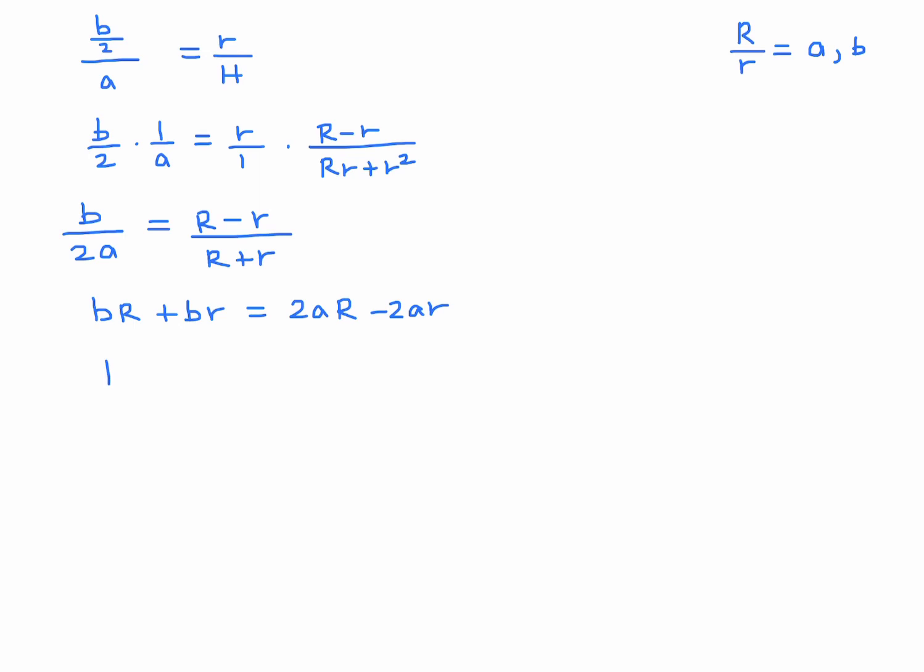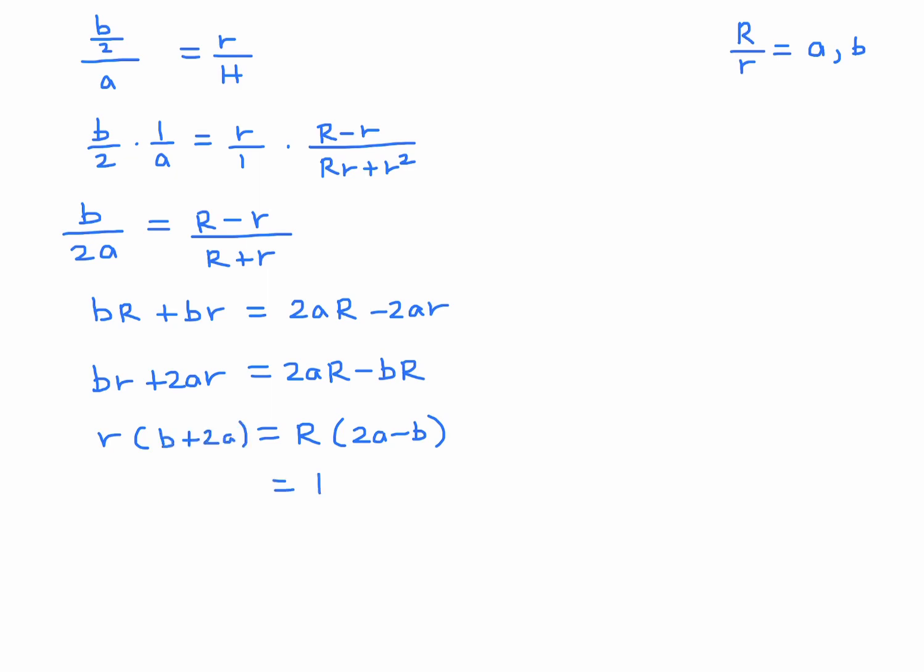Put everything with big R on one side. So 2AR, I'll bring the minus BR over, and put everything with the small r on one side, so plus 2A small r. Factor out the big R, we'll get 2A minus B. Factor out the small r, and we get B plus 2A. And then now let's try to get that big R over small r.